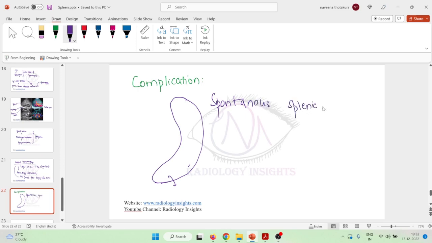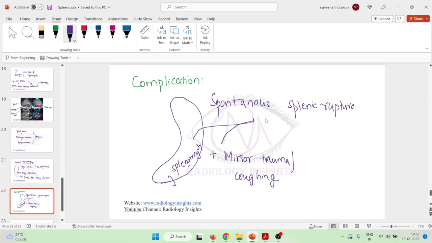This normally does not occur, but when there is an enlarged spleen, and along with splenomegaly the patient has minor trauma, even a small amount of trauma, or sometimes even coughing, or some other insignificant events like coughing, all these can result in spontaneous splenic rupture. One more complication of splenomegaly is that it can also result in hypersplenism.